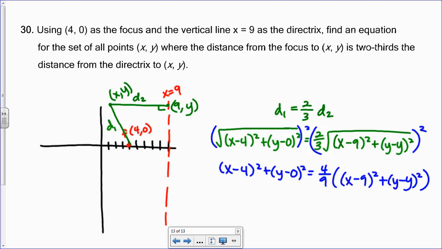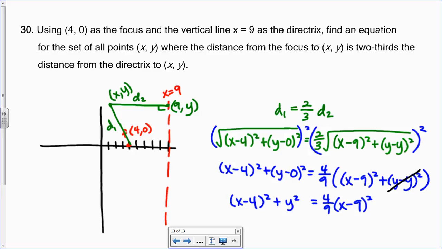Okay, so what cancels out? Yep, this y minus y squared cancels. So actually on the right, now I can just drop that extra parentheses because this second term canceled. So it's just 4/9 times x minus 9 squared. On the left, I have x minus 4 squared, and then plus y squared.